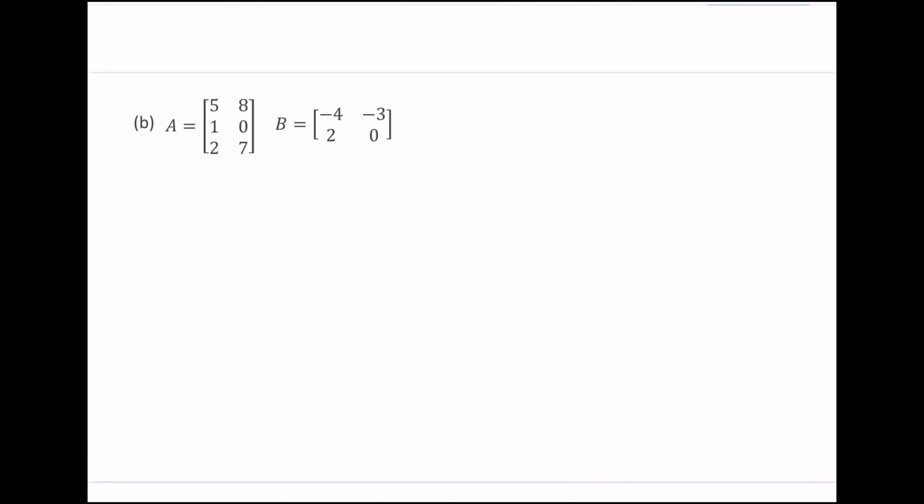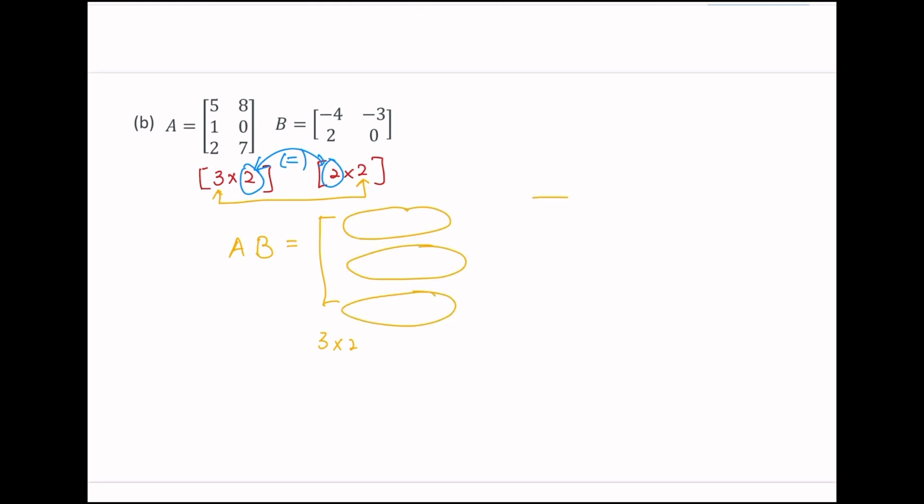Part B. First is the dimension: this is 3 rows by 2 columns, and this is 2 by 2, and then the inner numbers, good, they do match. The outer numbers are the result. A times B is going to be 3 by 2, meaning 3 rows and 2 columns. First row, first column, plus 8 times 2.